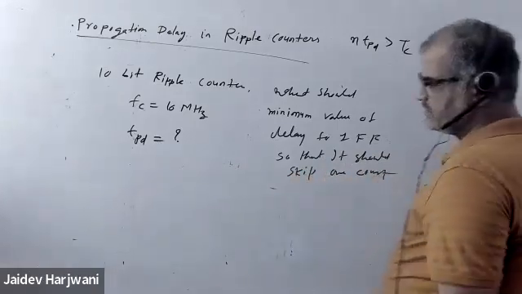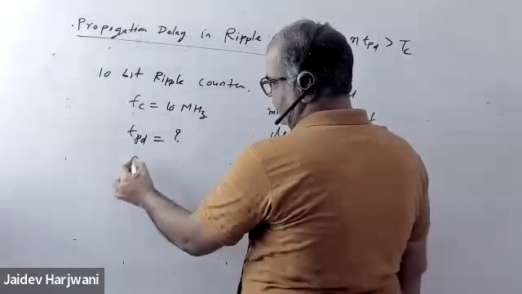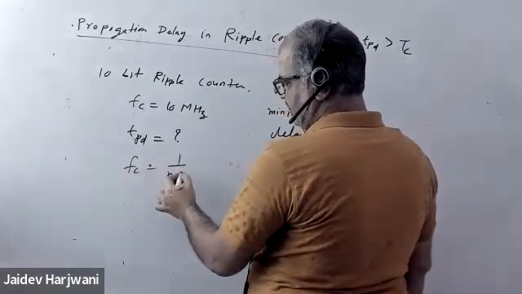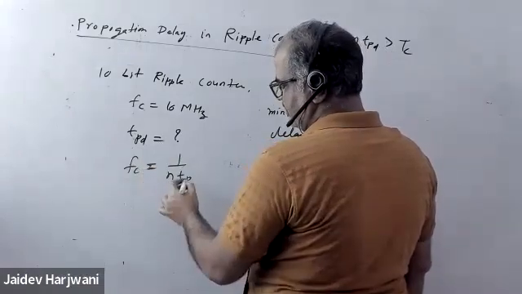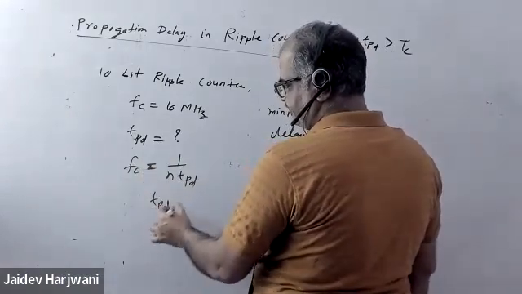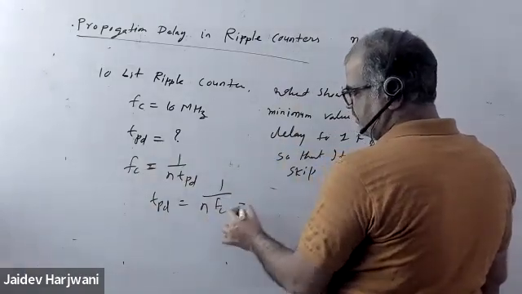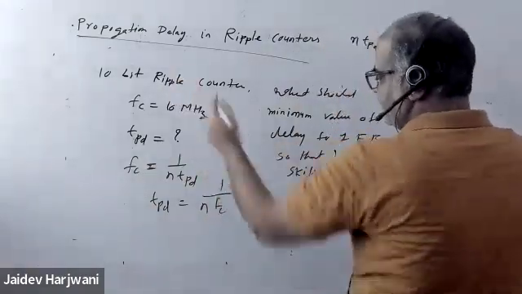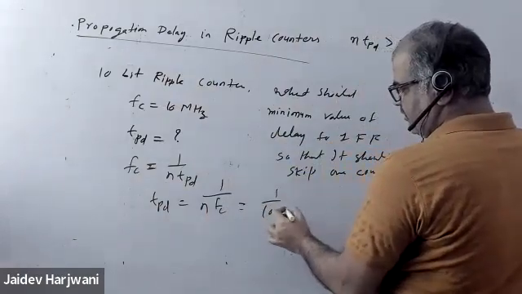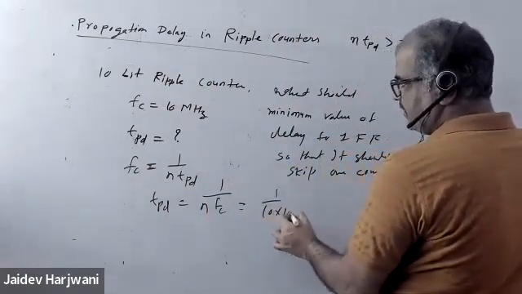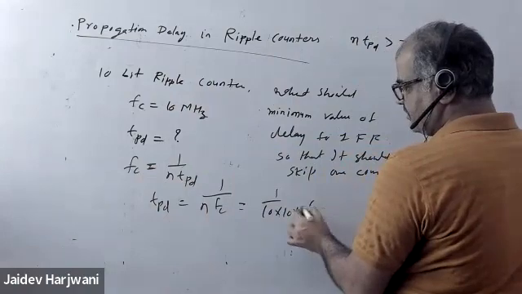It will skip one count only when your FC equals 1 upon n TPD. So TPD will be 1 upon n FC. n is given already, a 10-bit ripple counter, so this is 10. FC is given as 10 megahertz, 10 into 10 to the power 6 hertz.